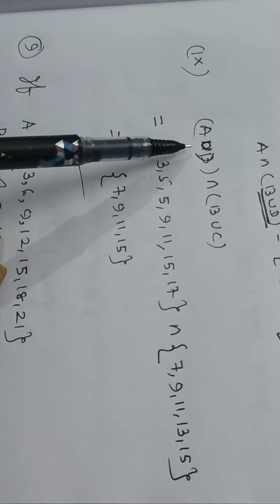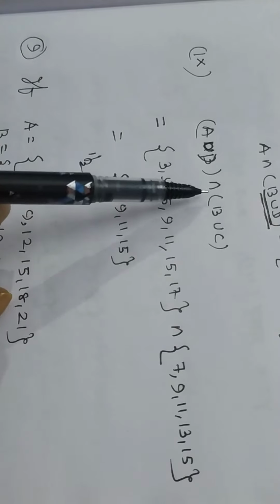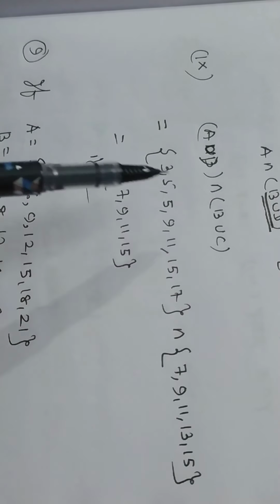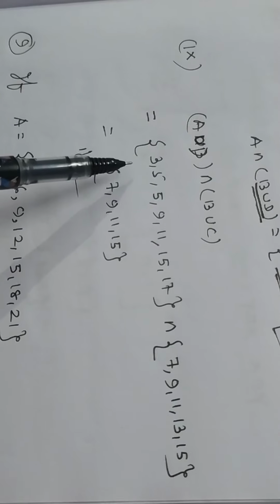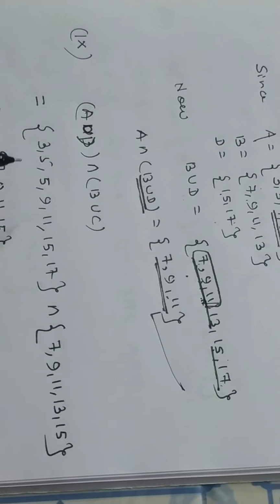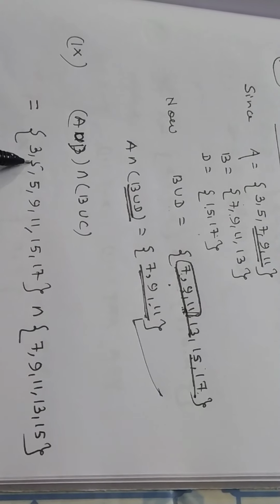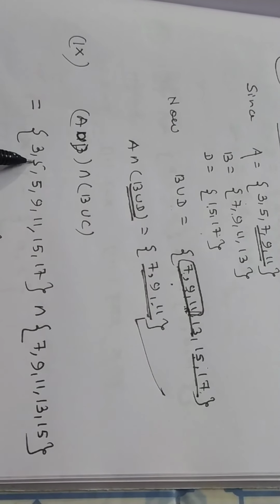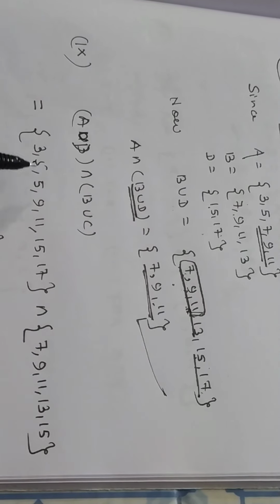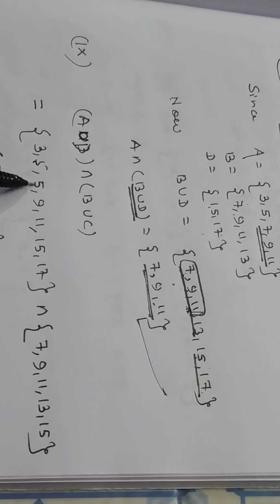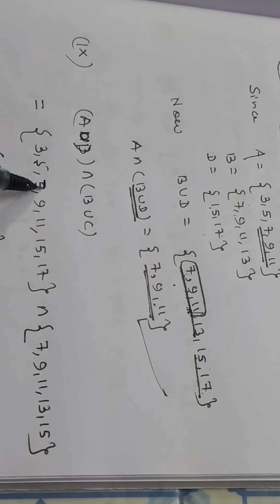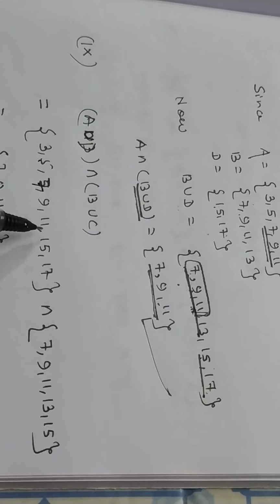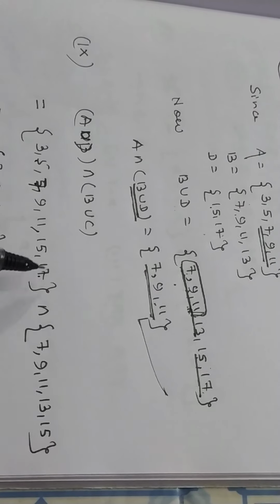Now, problem number 9 is (A union D) intersection (B union C). So what is A union D? You can see 3, 5, 7, 9, 11, 15, 17.